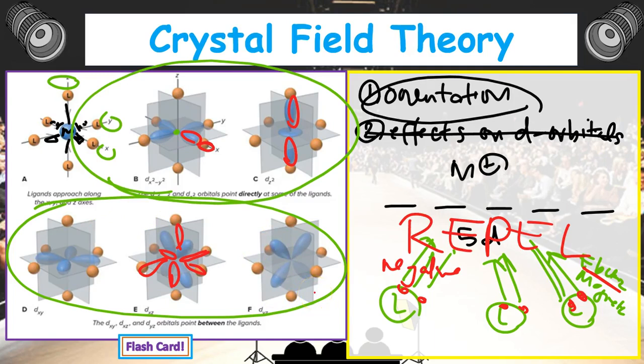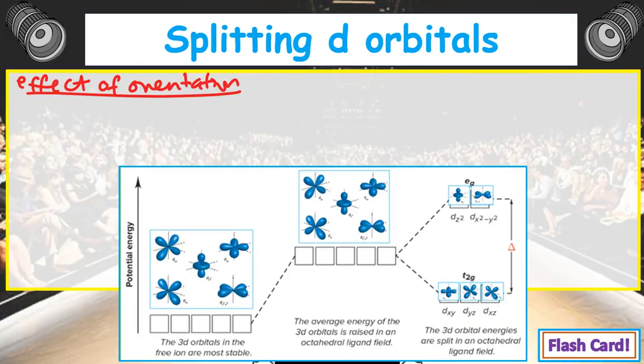Now let's go ahead and get into how that orientation is going to affect these d orbitals a little bit deeper. Okay, all we've known so far is that we are going to have ligands that are going to orient and approach the d orbitals of the central metal ion in a specific way. So we start off with the 5 d orbitals that we see here of the metal ion that have all their different shapes. When the ligand approaches, energy is going to increase in those 5 d orbitals.